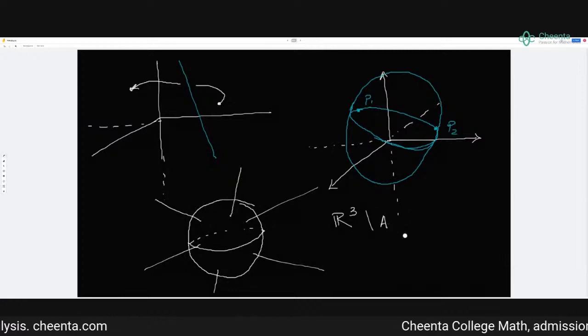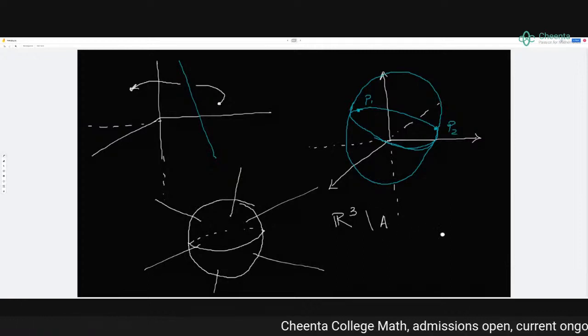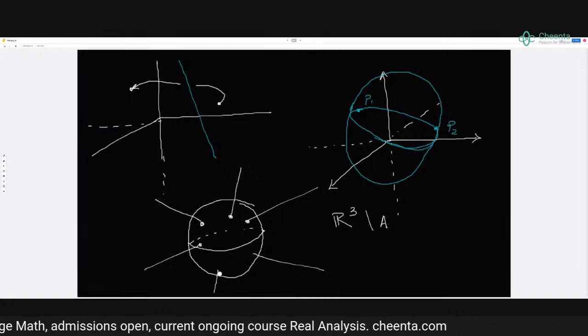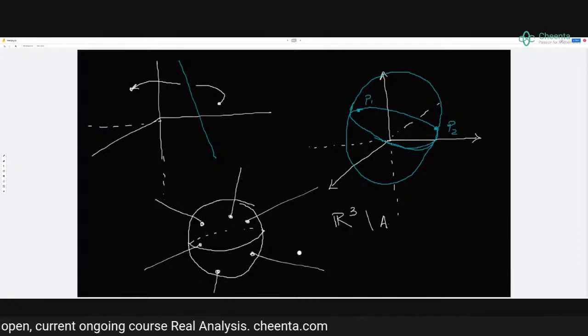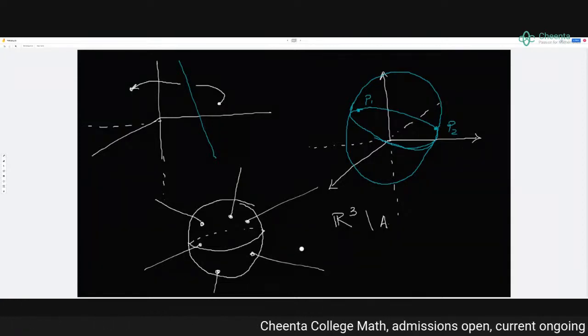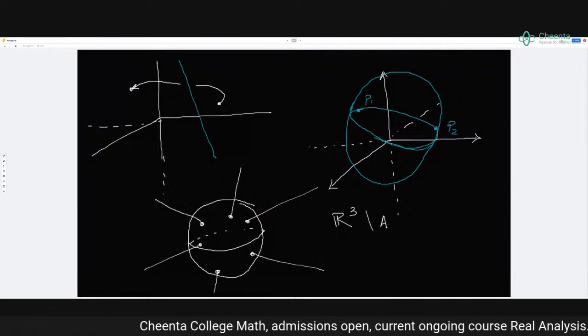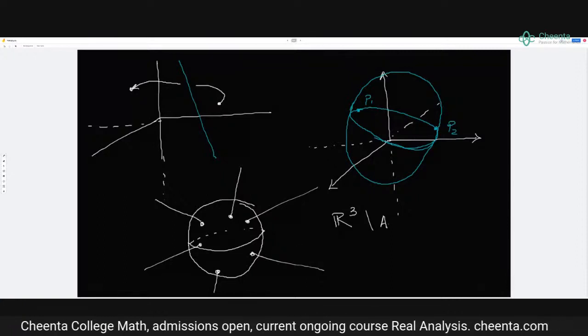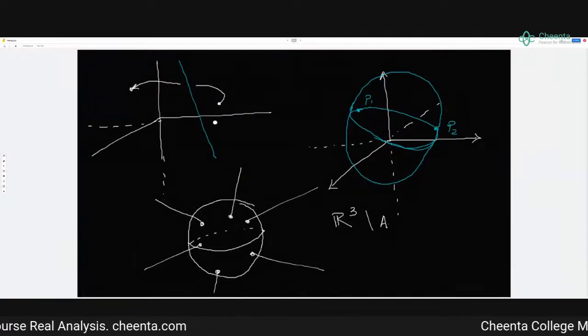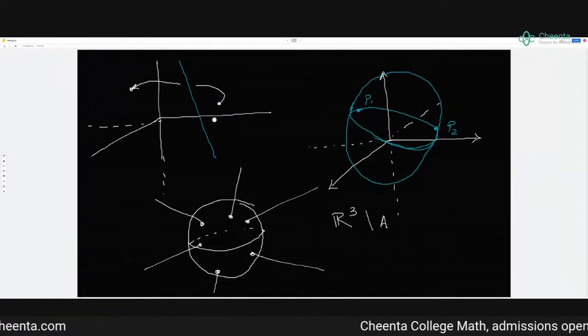So if you take R3 minus A, then in an embedding setup of the sphere, you are removing these points. So R3 minus A, on this sphere, is nothing but removing 2 times that many, countably many, points. Because if a line is passing through the sphere, then it is hitting the sphere in 2 points.